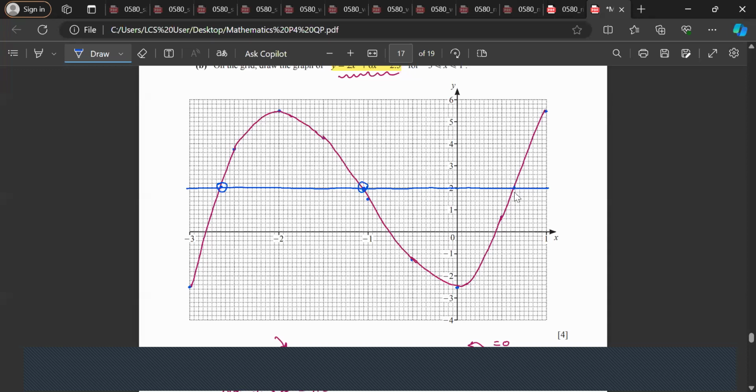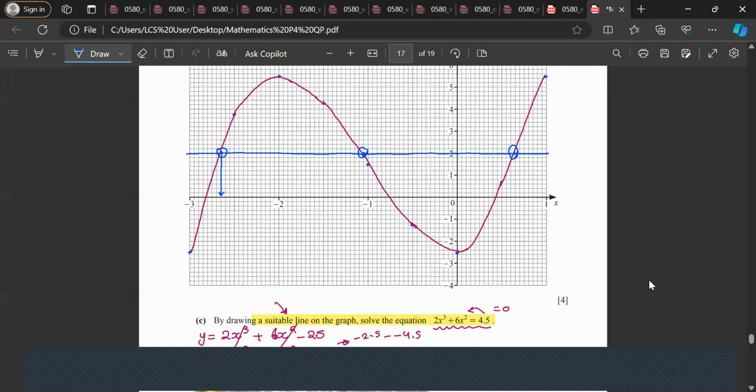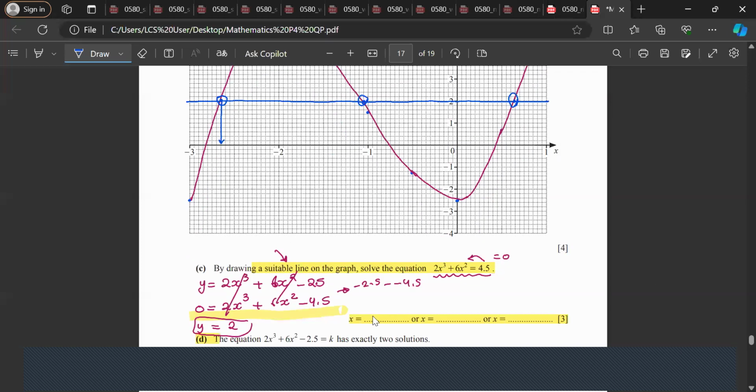This is the third. Okay, what is the x of this? This is negative 2.5, negative 2.6, then negative 2.65. So the first one is negative 2.65.